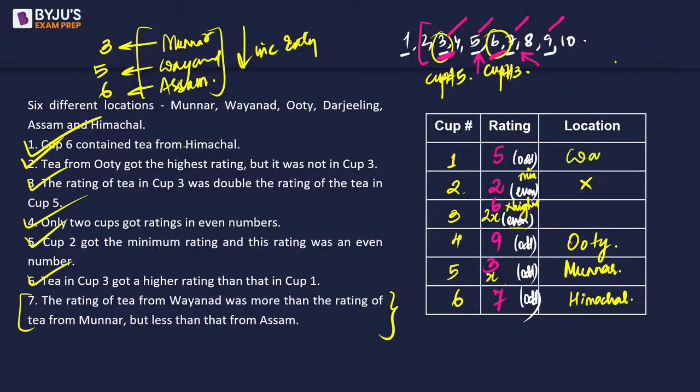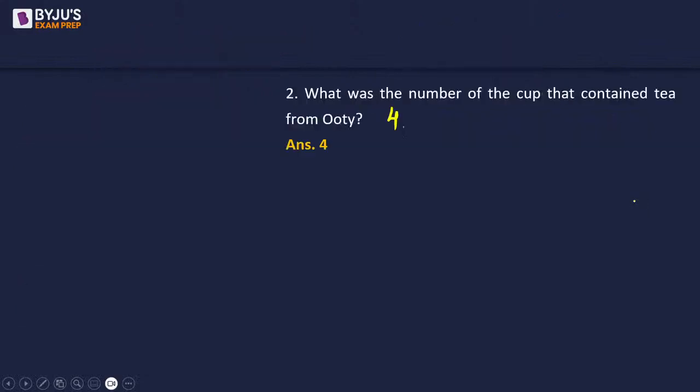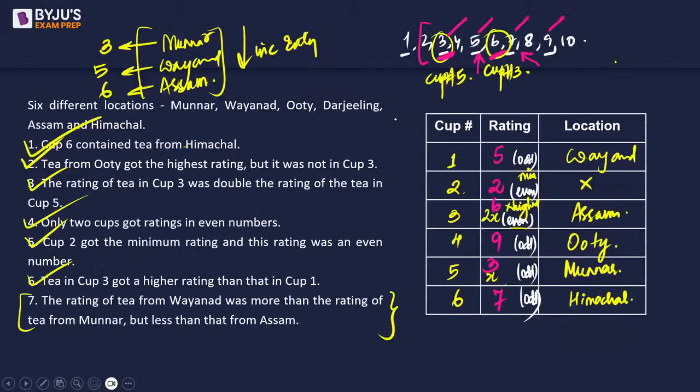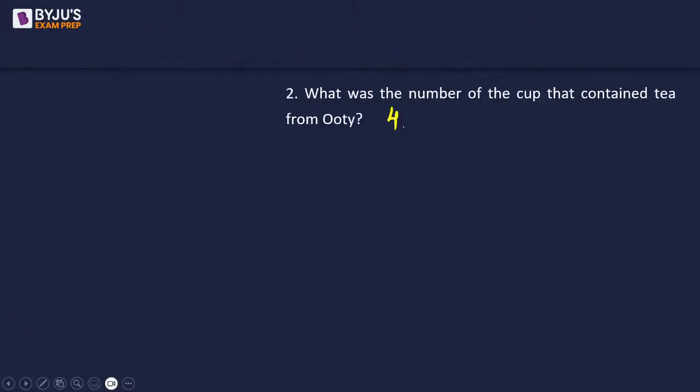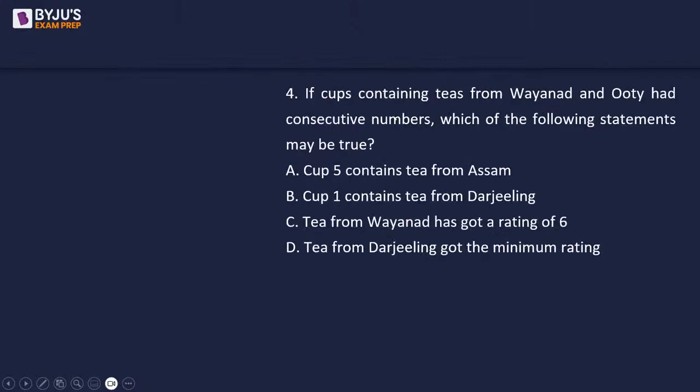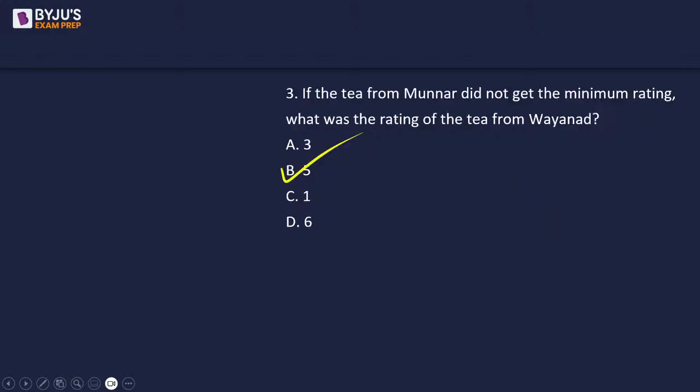So this turns out to be Wayanad and this turns out to be Assam. So the question asked to us is, what is the rating of tea from Wayanad? It is 5. Rating is 5, cup number is 1, right? So answer is B.